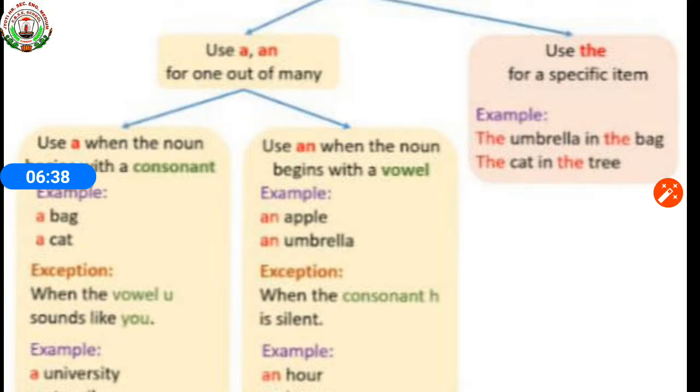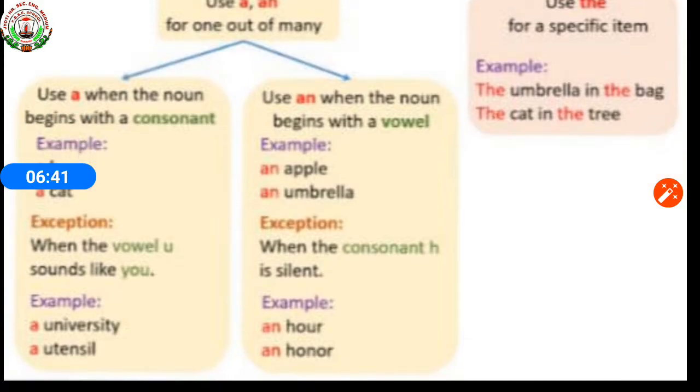There are a few exceptions to the general rule of using a before words that start with consonants and an before words that begin with vowels.